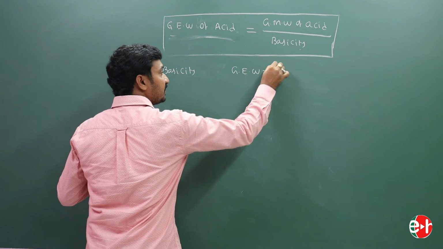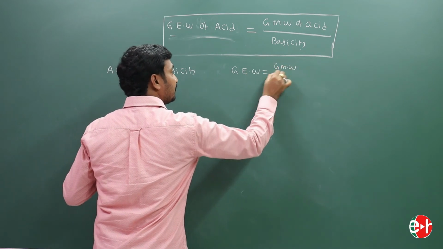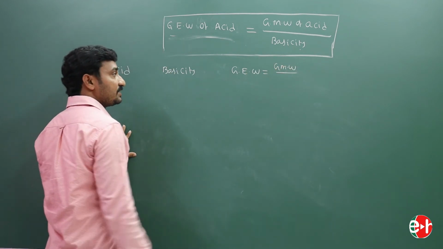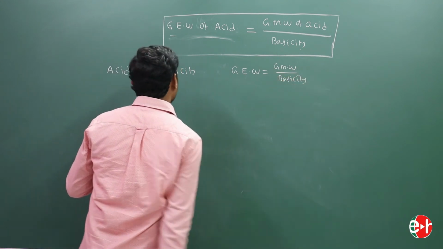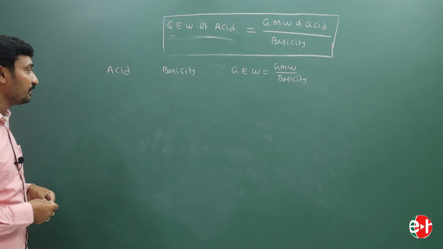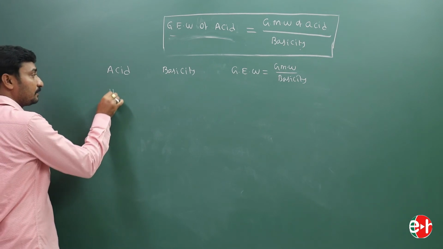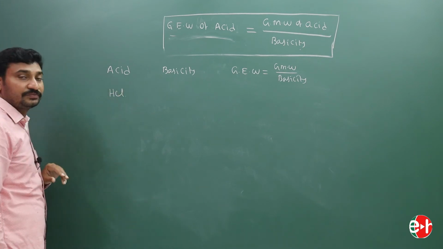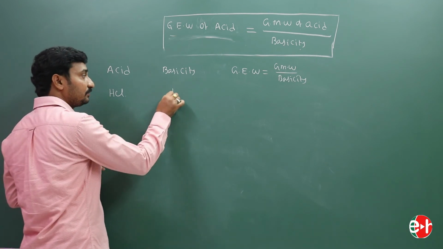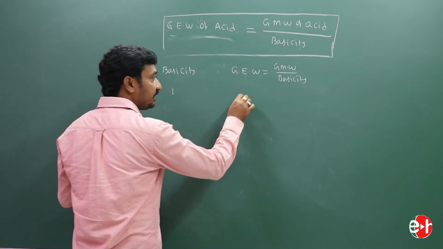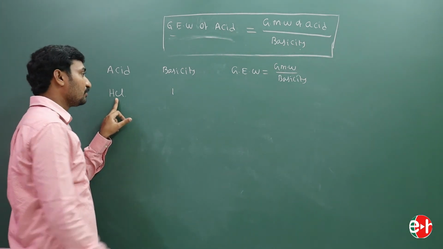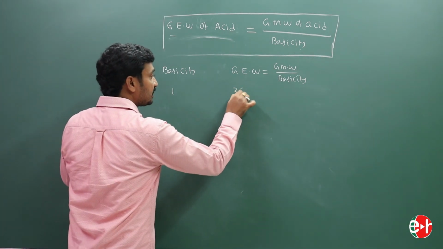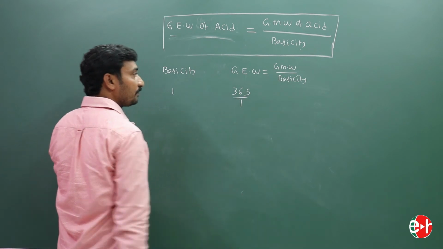You know, gram equivalent weight is equal to gram molecular weight by basicity. Acid HCl, basicity 1. So gram equivalent weight: gram molecular weight, hydrogen 1, chlorine 35.5, that is 36.5 by 1, basicity 1.